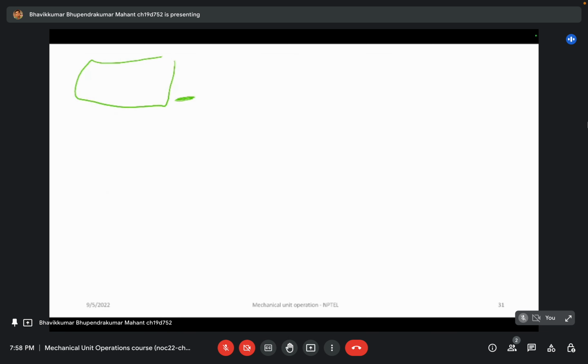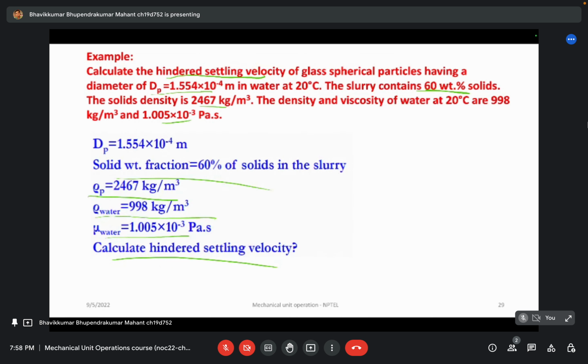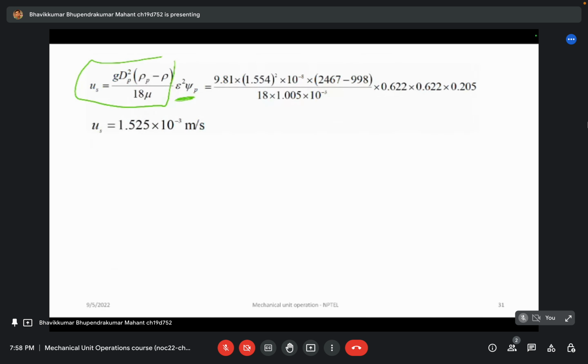Particle density is 2467 and 998 is the density of the water. You need to consider the solid density, not the cumulative density, and divide by 18 into mu, the viscosity.